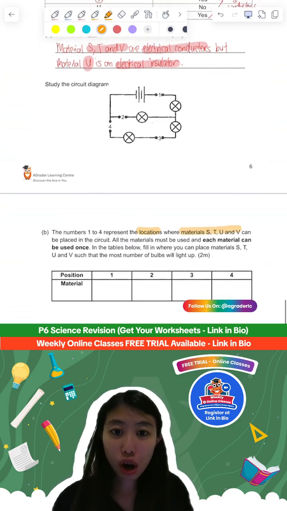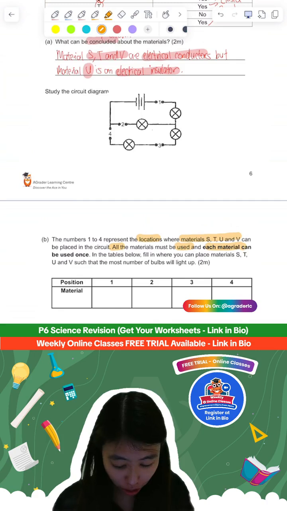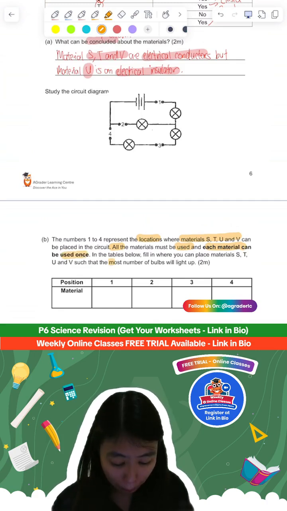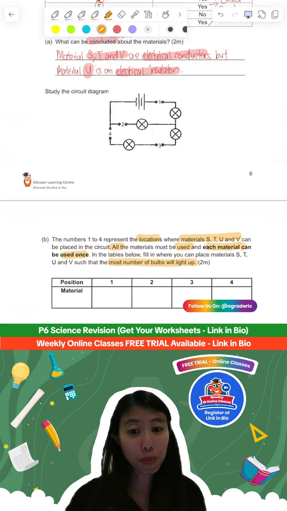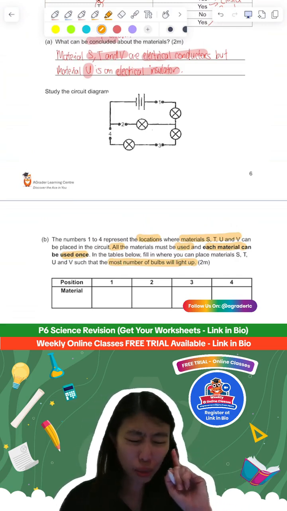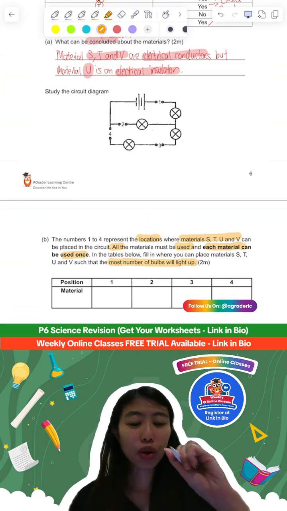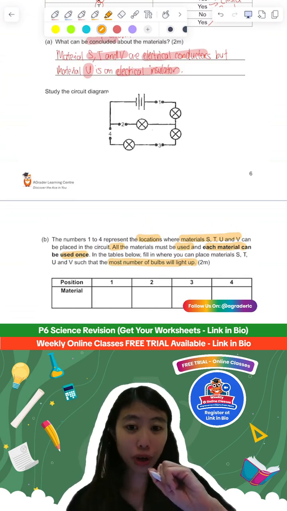All the materials must be used. Each material can only be used once. And I want the most number of bulbs to light up. So one way is to find out where you want your closed circuit to be in order for all your bulbs to light up.